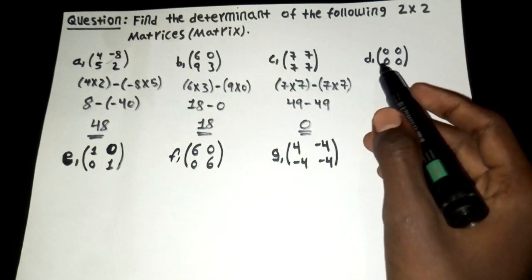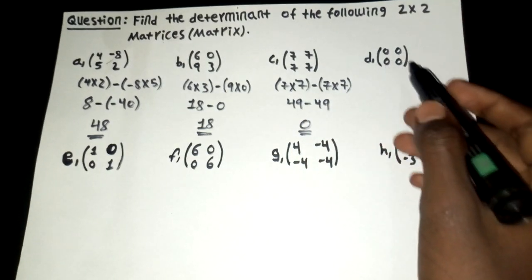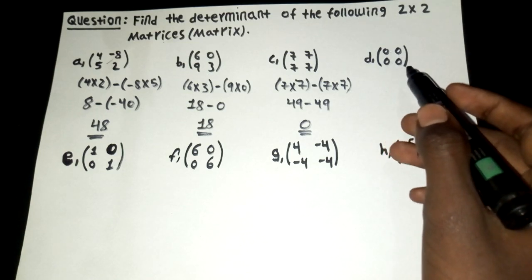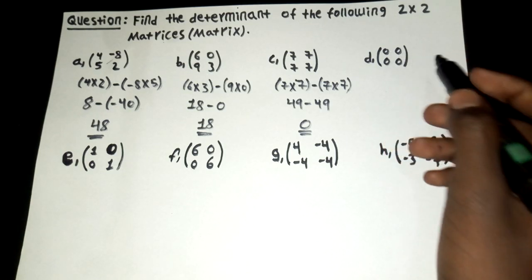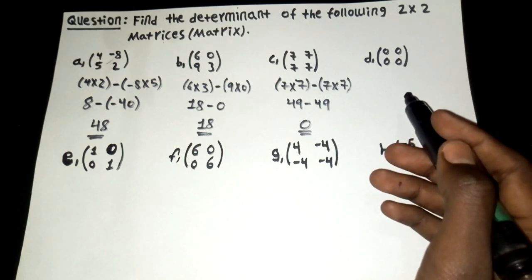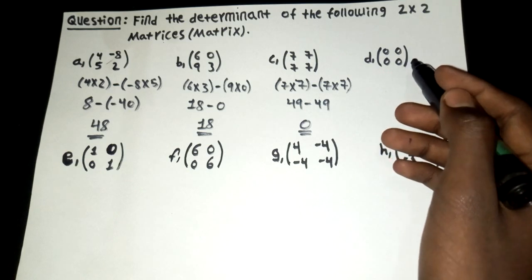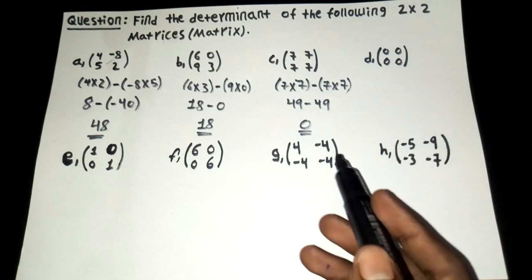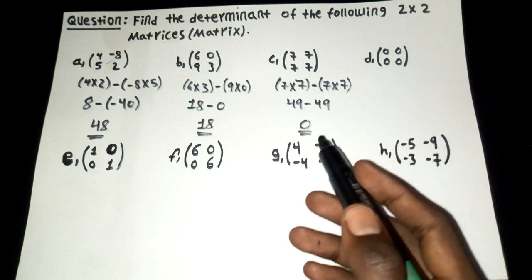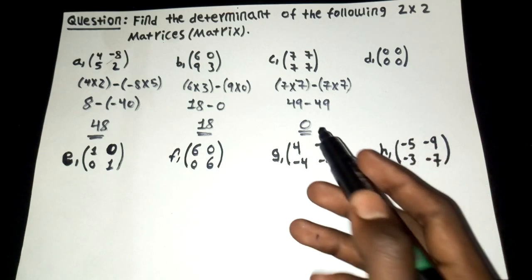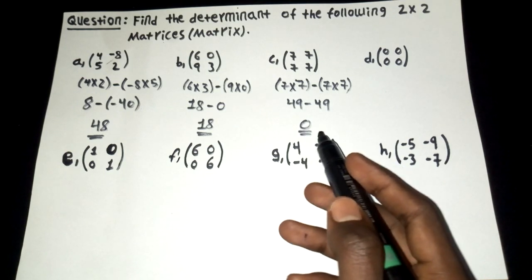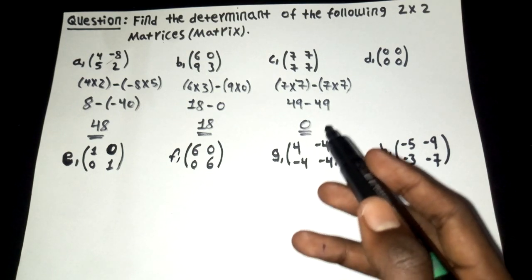And example D, all entries are 0, so this type of matrix is what we call a zero matrix, because all entries are 0. In another video I will show you what happens if we have the determinant 0. That means it doesn't have an inverse.